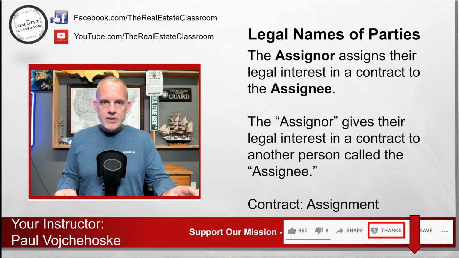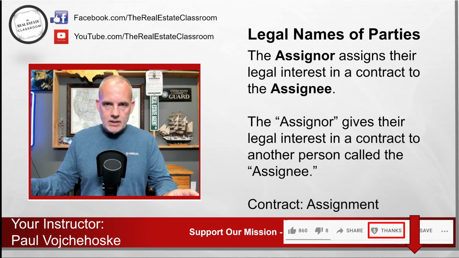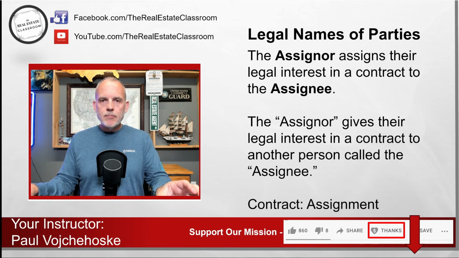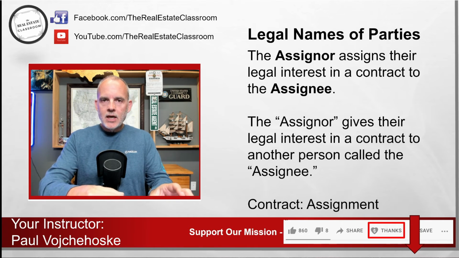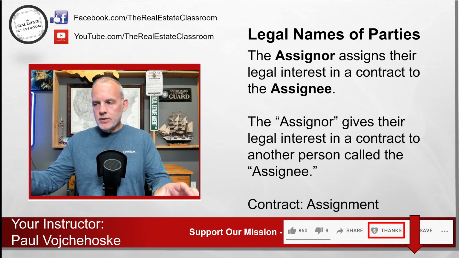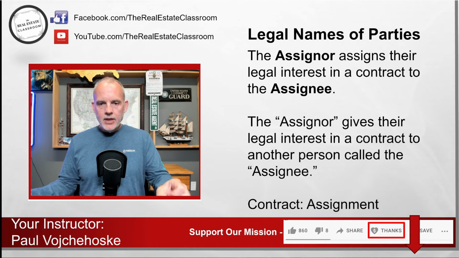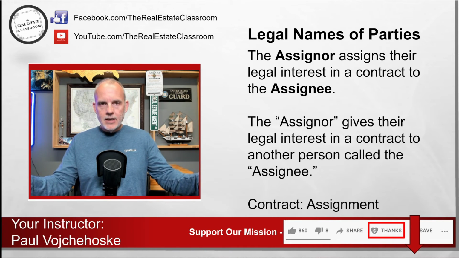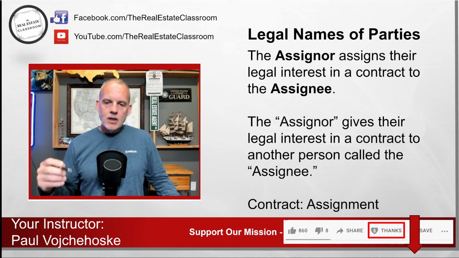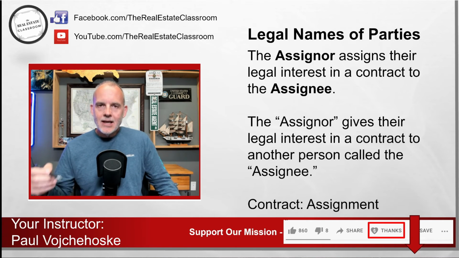The buyer decides they don't want to buy the house, but their friend does. So they would use a separate assignment contract for the buyer to assign his or her rights to this other person. And then they are removed from the contract, and then the original owner and this end buyer go to closing.